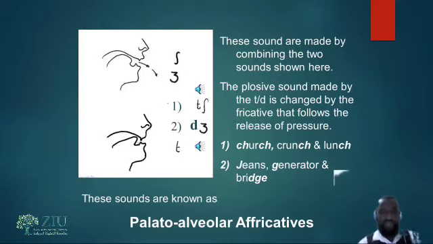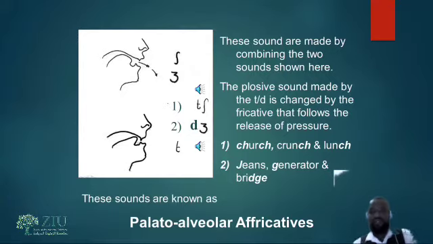If we look at the diagram on our left hand, there is a closure here. The shape of the tongue is different from place to place. There are differences between ch and j. These sounds are made by combining two sounds, as shown here as an example.